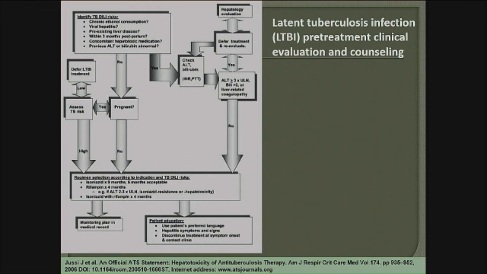If not, we can proceed to the treatment. But if the patient is pregnant, we assess the TB risk. If low risk, we can defer the TB treatment. But if high risk, we proceed to the treatment.